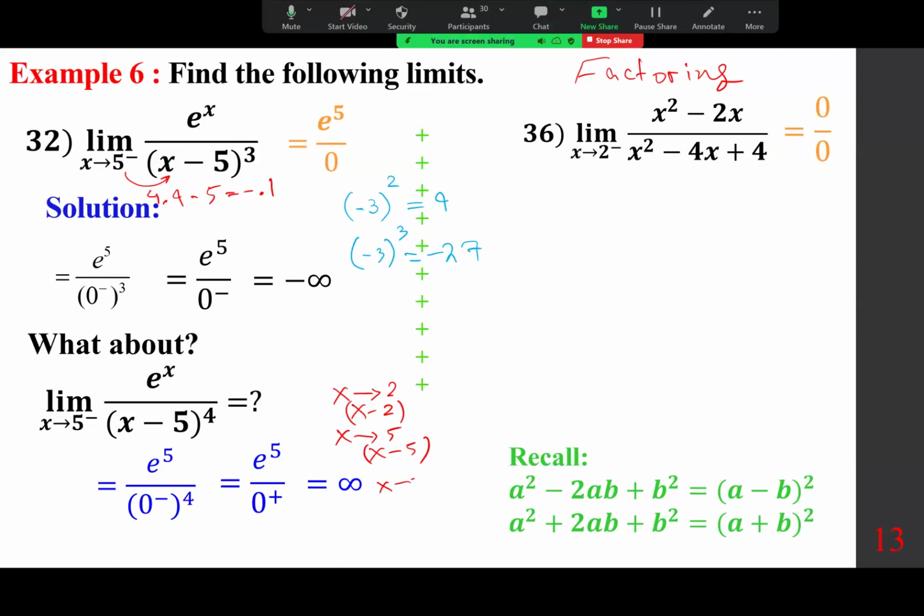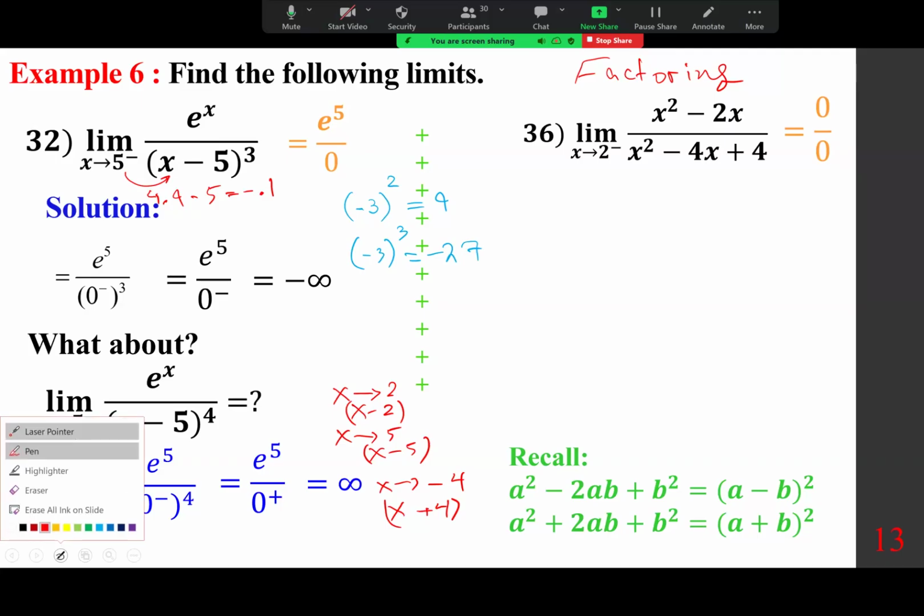If x is approaching minus 4, you should have a factor of x plus 4. When you factor, the reason I mention it, it will help you with the factoring. Needless to say, the top x comes out and it becomes x times x minus 3. Very straightforward, very simple.